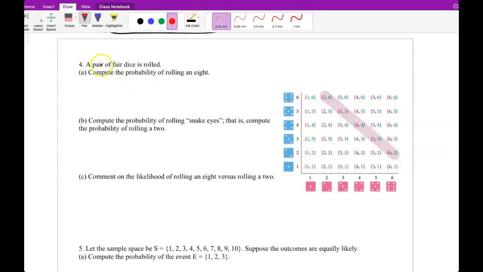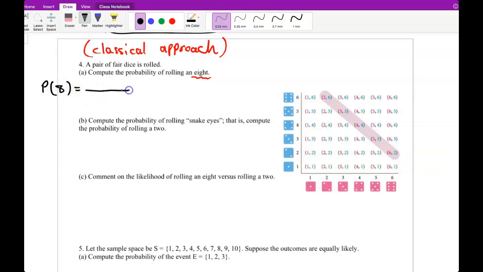This is an example of classical probability. So we are asked to find the probability of 8, and that is equal to the number of 8s over the number of outcomes.